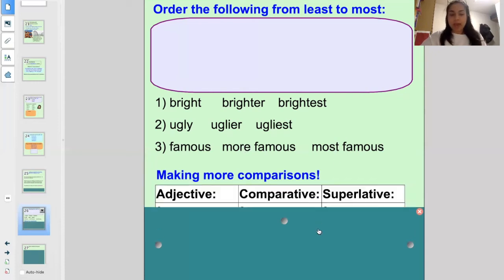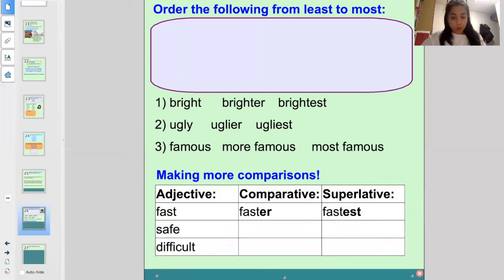Okay, so having a look at making more comparisons, what you've essentially done is you've identified the order, and now we can realize that the first things in our list are the adjectives. Okay, so bright, ugly, famous, they are all adjectives.